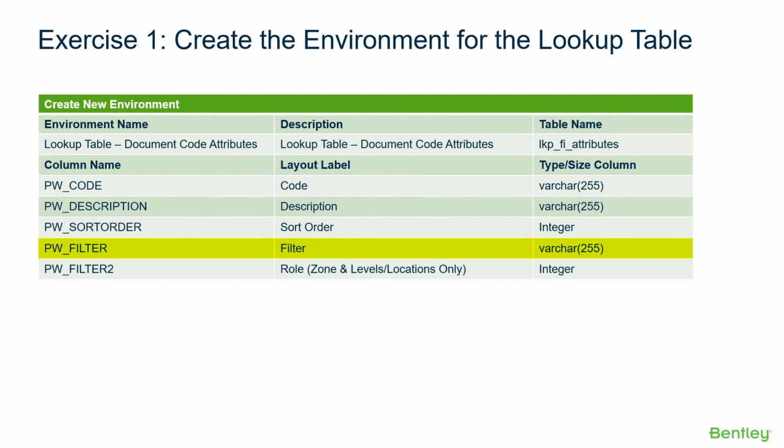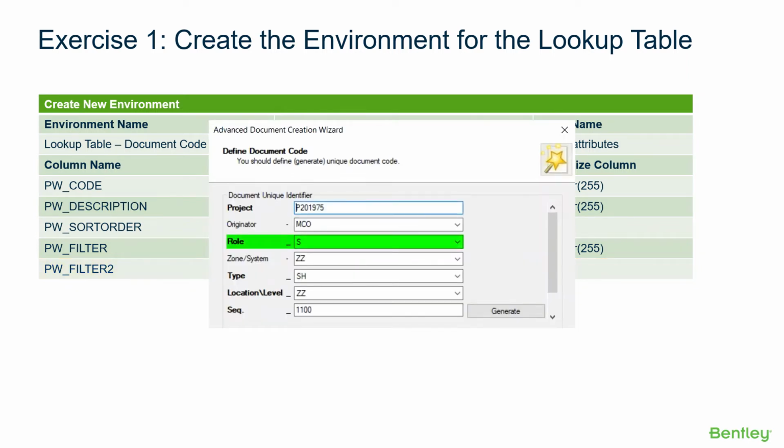The PW_filter attribute in this environment will be used to isolate each of these document code part value lists. The PW_filter2 attribute will provide a parent-child relationship where the selected role will dictate which allowed values are presented for the zone and level location parts.